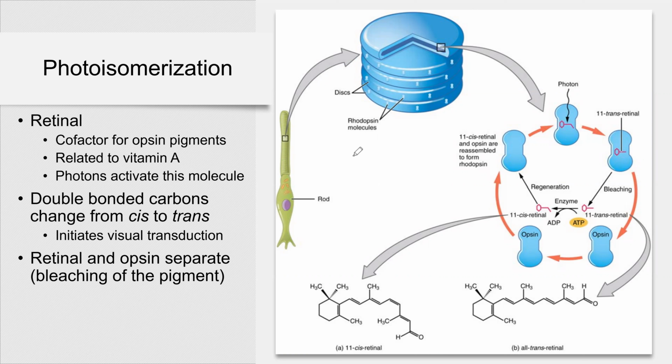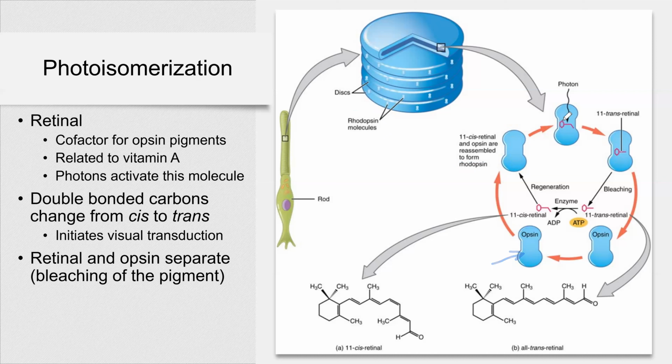Now embedded in this membrane is the pigment molecule that is called rhodopsin. So here's the name. Rhodopsin. Now those lighter blue parts over here are rhodopsin molecules inside the disc. If you look at a rhodopsin molecule, you will see it's made of what's shown here in the blue part, that is protein called opsin. So here's your opsin.